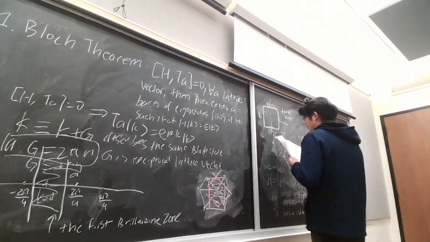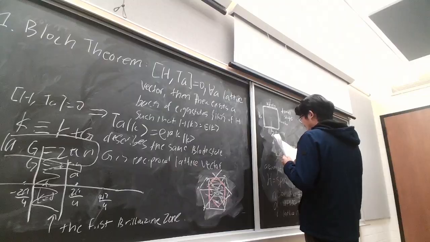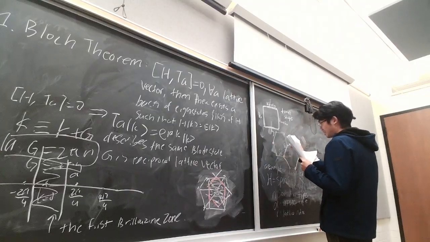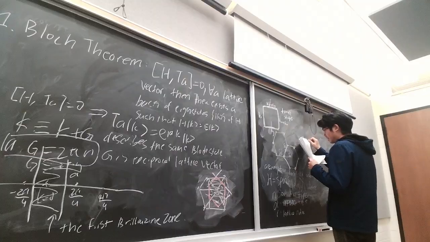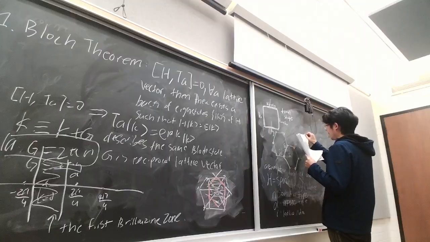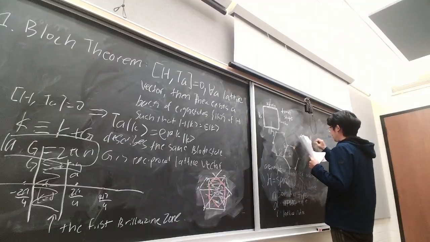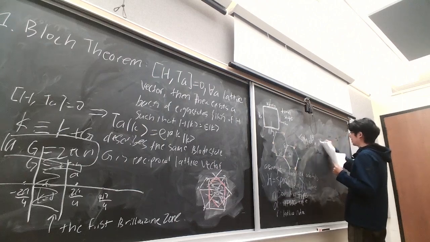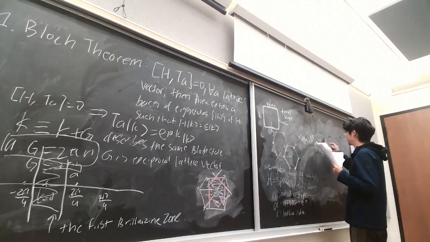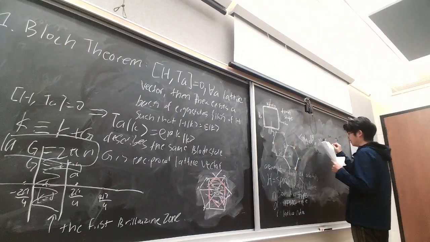Even though it stays within this atom and then jumps to other atoms, different orbitals on different lattice sites do not significantly overlap. So we'll just assume that all of them are orthogonal to each other.